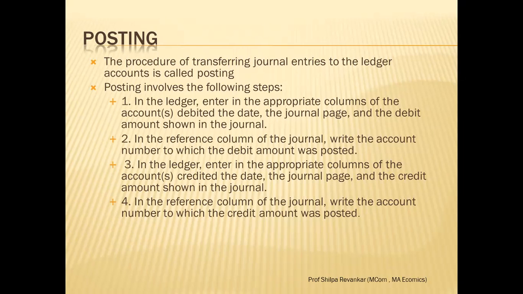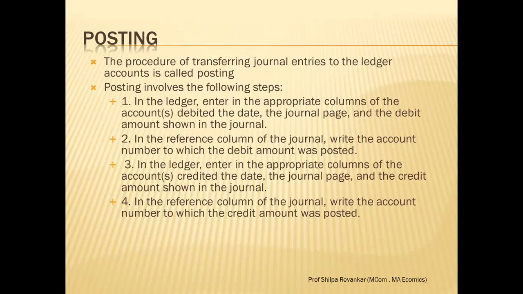Anything credited, we write by. So when you are posting in the cash book, we write to sales a particular amount, and you go to the sales book, and there you write on the credit side by cash. Okay. So this method of writing the debits and credits in the respective accounts is called posting.